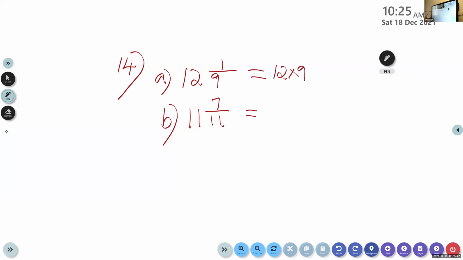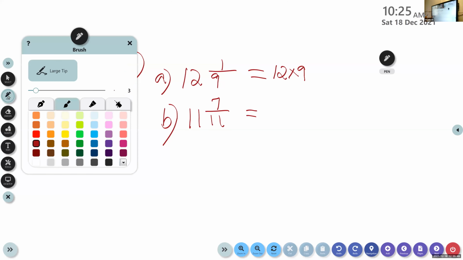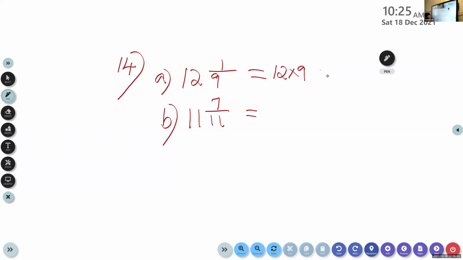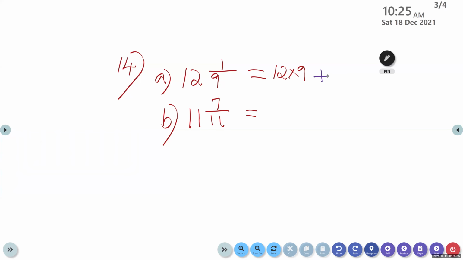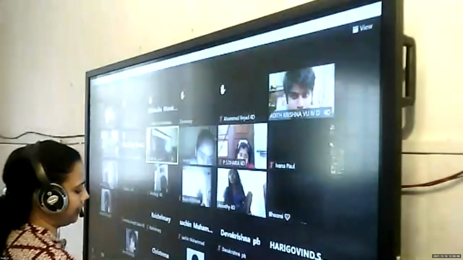Then what do you have to do? Add the numerator. So what is the numerator here? It is 1. Complete question number A and B fast. By the time, I'll take your attendance. This is question number 14 from page 37.